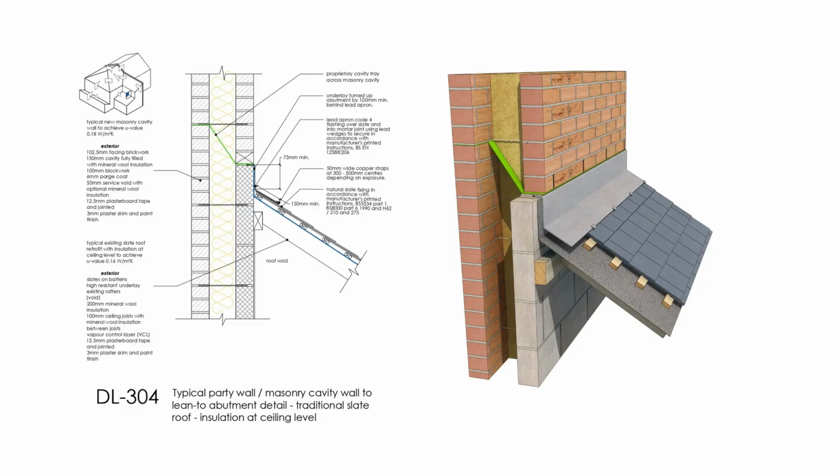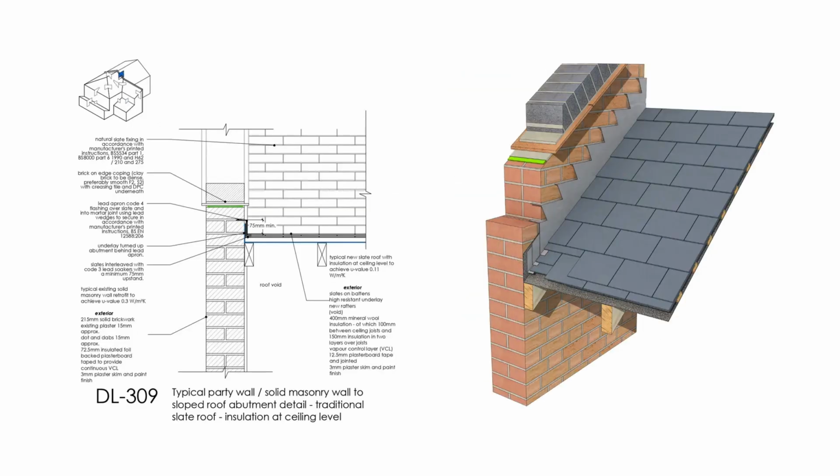Flashing, sealants and mortar are commonly used to create the watertight seal between the roof and the abutting surfaces. DL304 shows a typical party wall masonry cavity wall to a lean-to abutment detail with traditional slate roof insulation at ceiling level. And DL309 shows a typical party wall solid masonry wall to a sloped roof abutment detail with a traditional slate roof and insulation at the ceiling level.